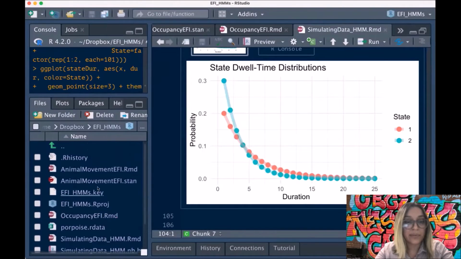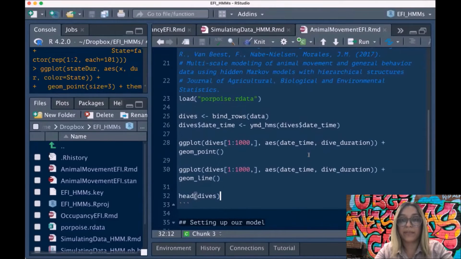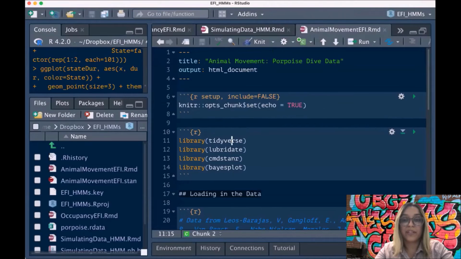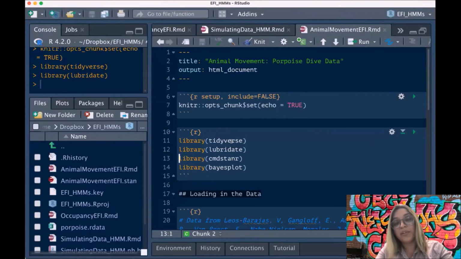And lastly, you can get into the animal movement RMD file. Okay. And for this, you can load in tidyverse, lubridate just for some date time. And I'm going to show you cmdstanr.